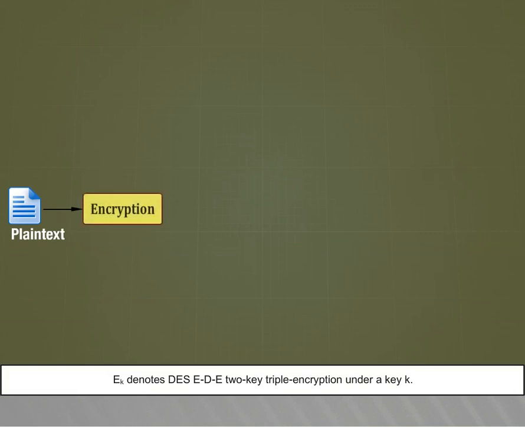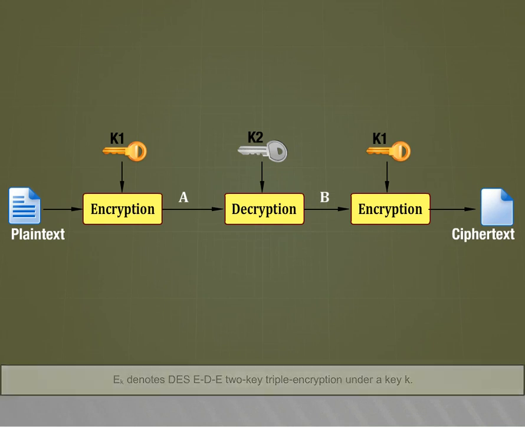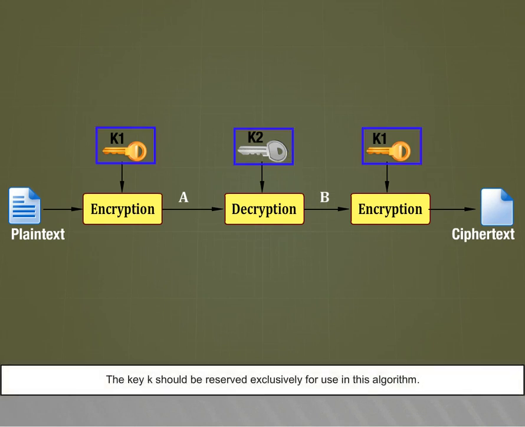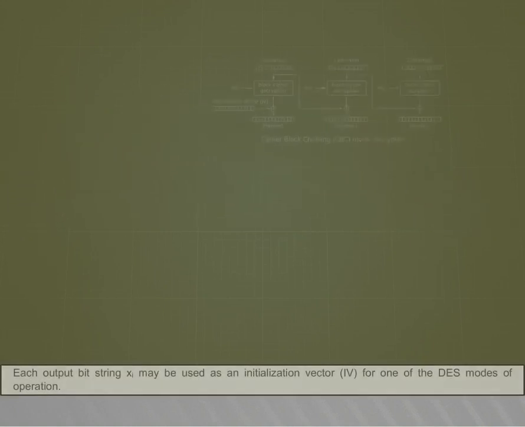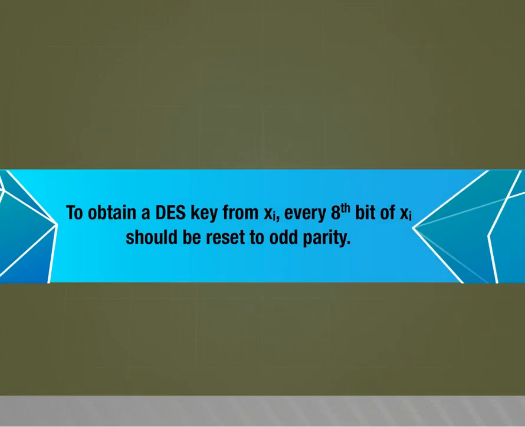E_K denotes DES EDE 2-key triple encryption under a key K. The key K should be reserved exclusively for use in this algorithm. Each output bit string xi may be used as an initialization vector IV for one of the DES modes of operation. To obtain a DES key from xi, every 8th bit of xi should be reset to odd parity.